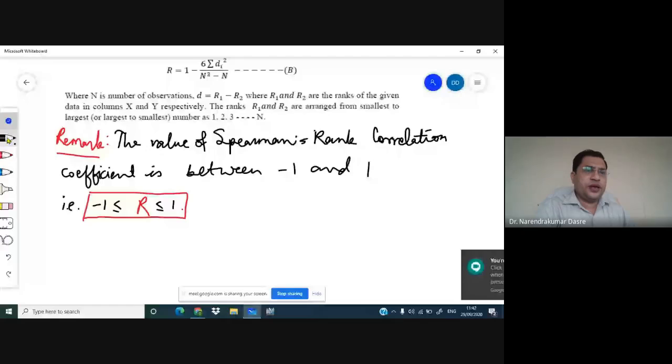That's good, because once you can understand how to give the ranks, then only we are able to solve the problem. We have to assign the ranks here, and that's why we have to be careful. So let us try an example based on this. We'll now see the steps to be followed.